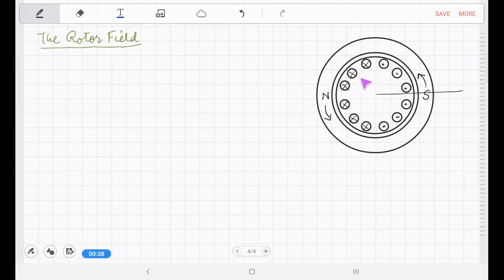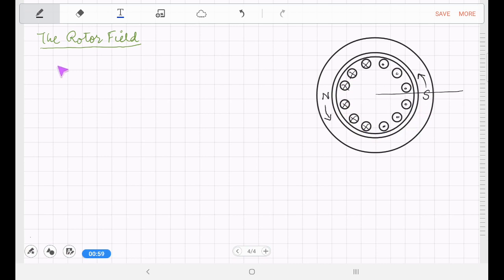Now we have seen that when we consider a rotating magnetic field rotating in the counterclockwise direction, the EMF induced in conductors under the influence of the north pole is inwards, and the EMF induced in the conductors under the influence of the south pole is outwards.